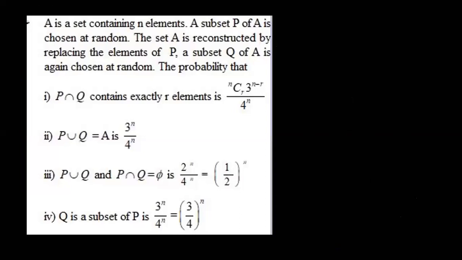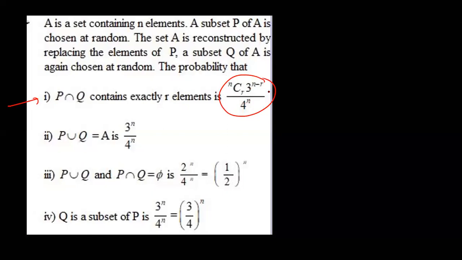Next one, see, these are the formulas. So P intersection Q contains exactly r elements, this is the formula: nCr into 3 power n minus r by 4 power n.